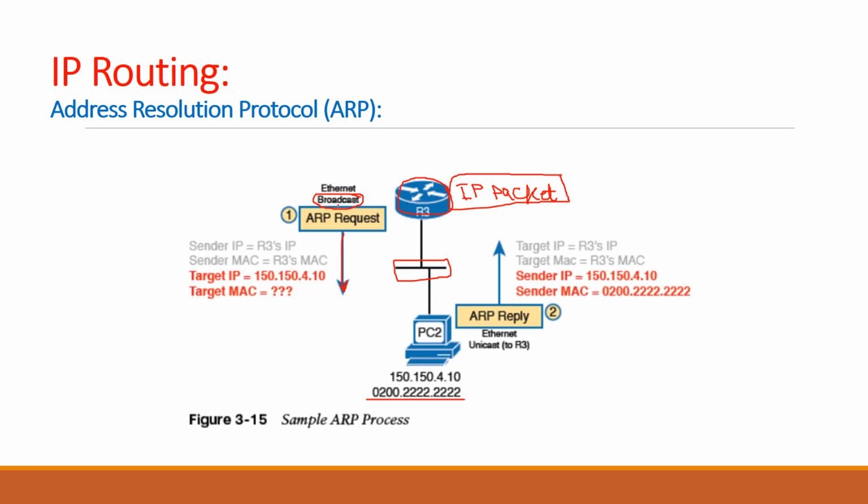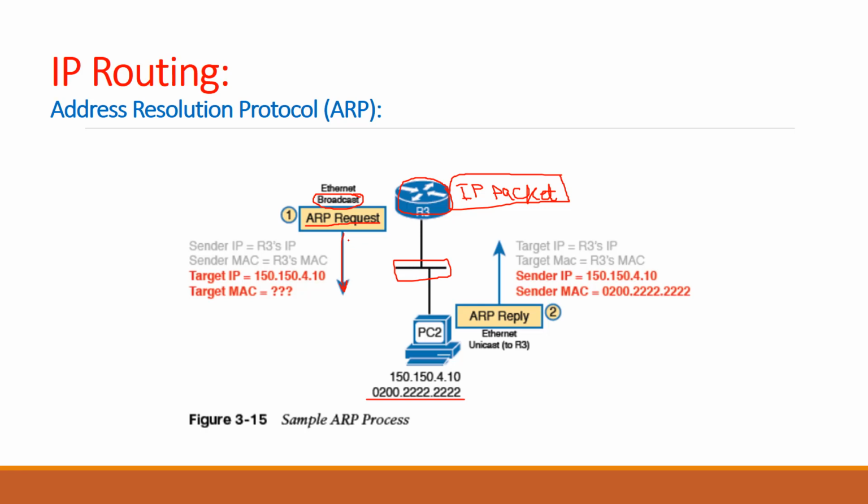Why does R3 send the ARP request in broadcast? Because switches rely on the destination MAC, and R3 doesn't know the MAC address. So switches should forward this frame to all hosts in the same group. That's why the ARP request is broadcast.